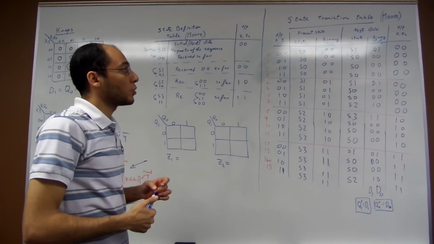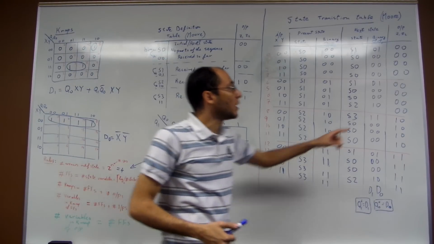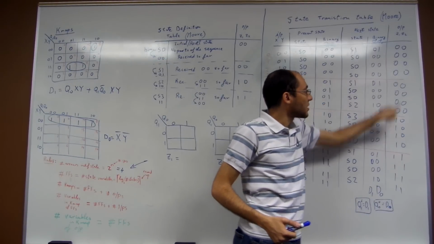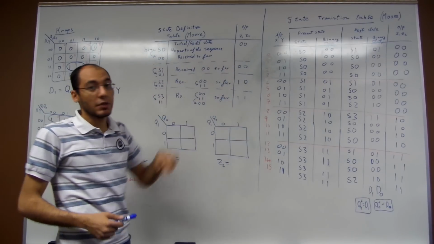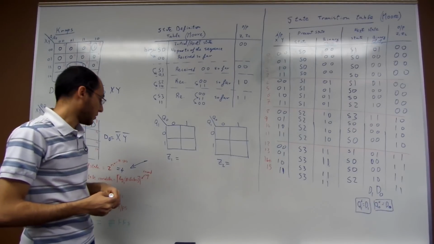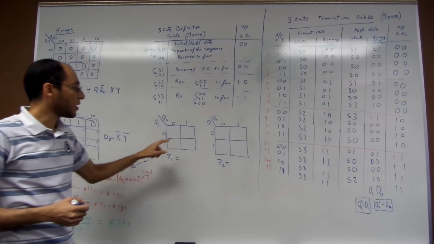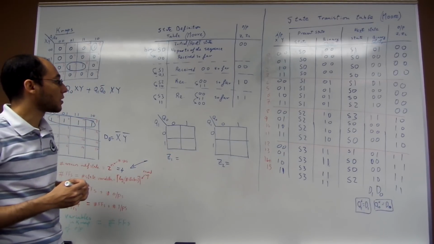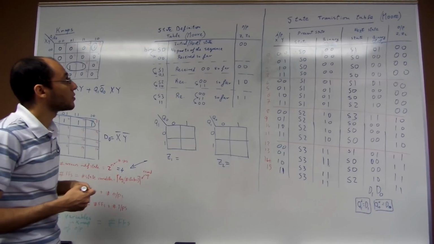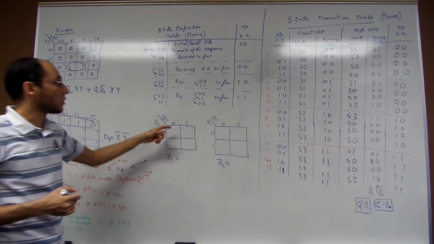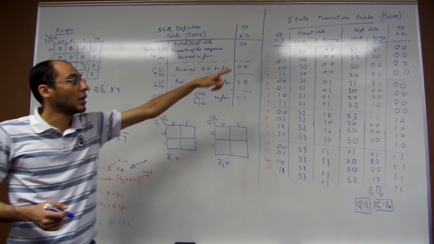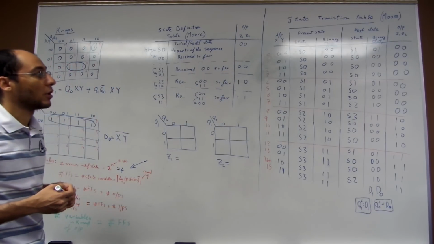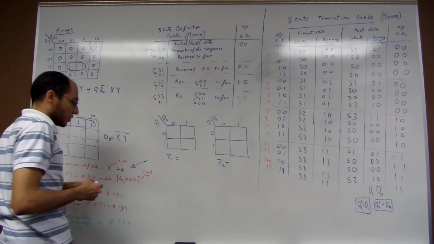But I'm not going to fill in the K-map using these columns. I'm going to fill in the K-map using the state definition table. That's much easier, and that's why it's better to have a look at the state definition table than to write down the output from the transition table.